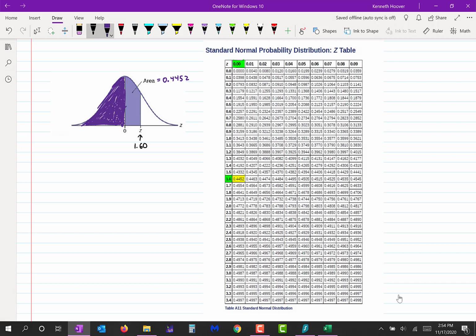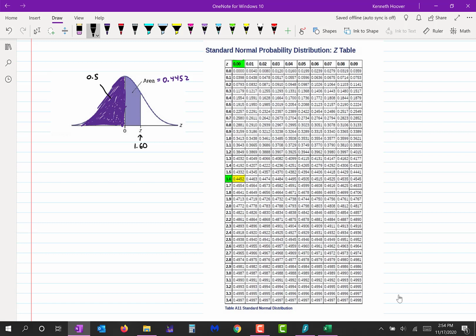Okay, so what do we have to do? We need to add on this, which is 0.5, remember. And so our total area is going to be 0.9452. Okay, you followed that?